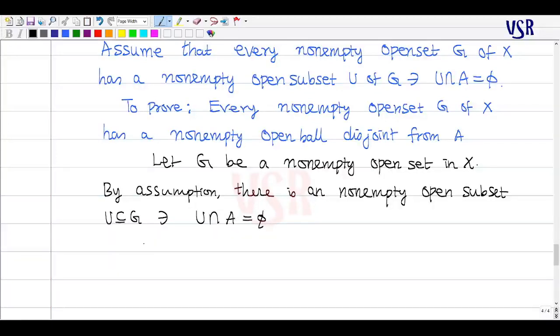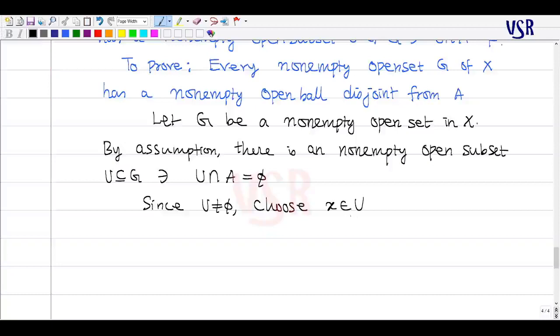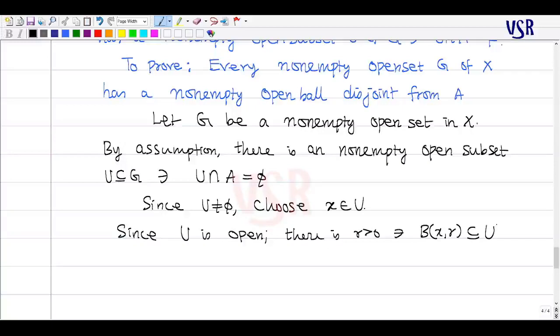Since U is non-empty, choose X belongs to U, I take an element in U. Since U is open, there is R positive such that the ball with center X and radius R is contained in U, by the definition of an open set.